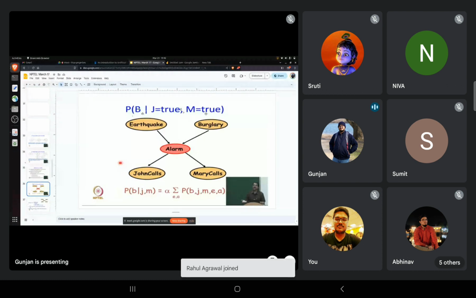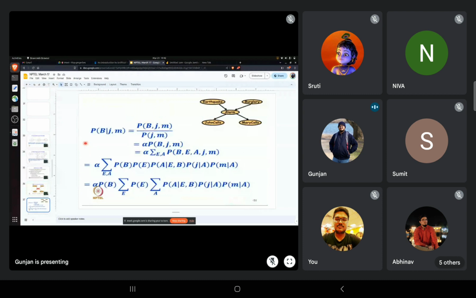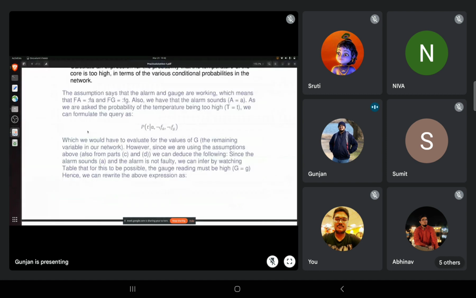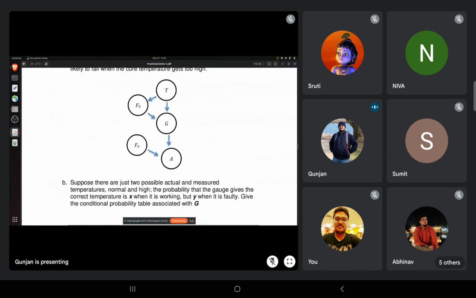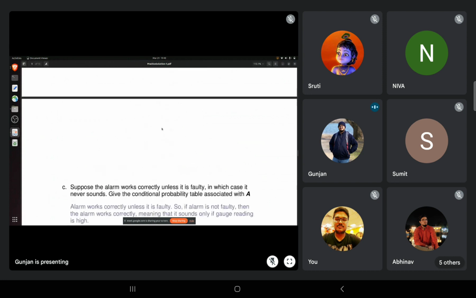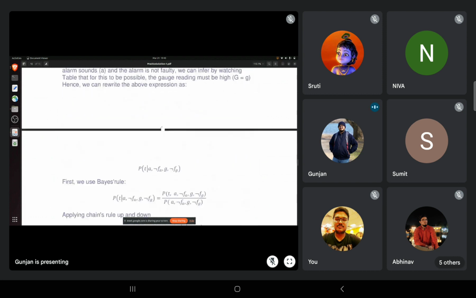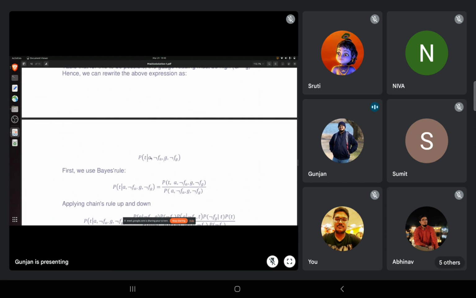So essentially, you expanded this entire thing to include all the variables in the network. So what are the variables of the network? First, let us understand. In the network we have 1, 2, 3, 4, 5 variables. Out of that, we know A, FA, and FG. We only don't know the value of G, right? So we'll include G as P of T conditioned on A, comma not FA, G, comma not FG.